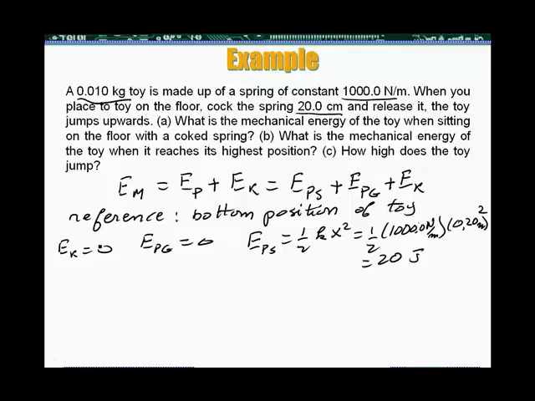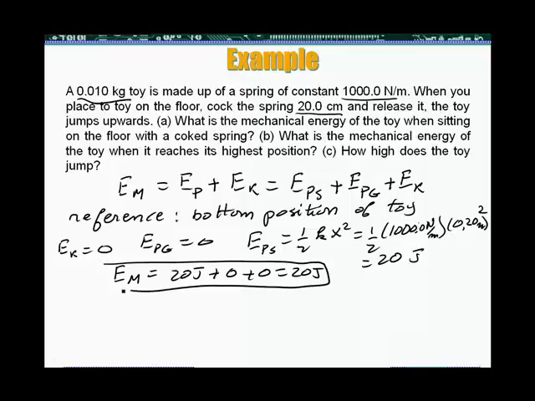So the mechanical energy of the toy at that initial position is the spring potential energy 20 joules plus the gravitational potential energy 0 plus the kinetic energy 0. So overall it is 20 joules. That's my answer for part A.